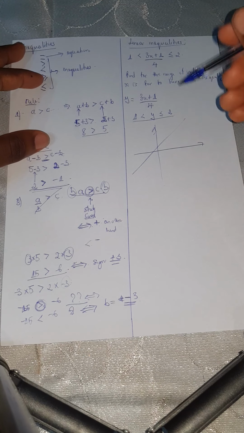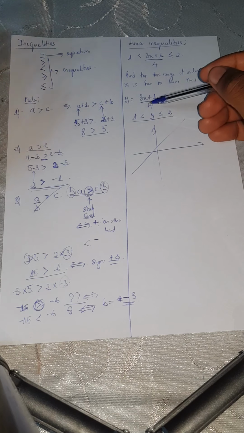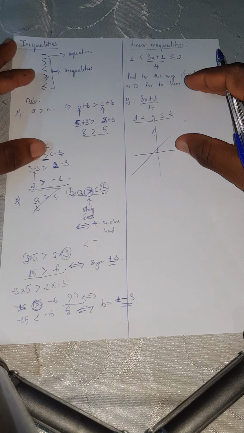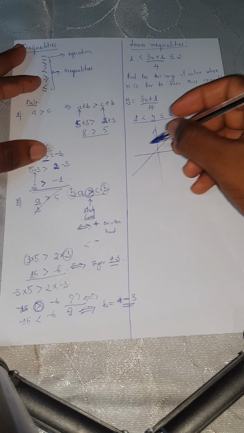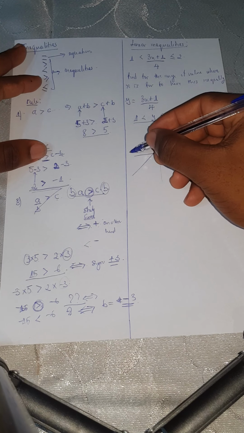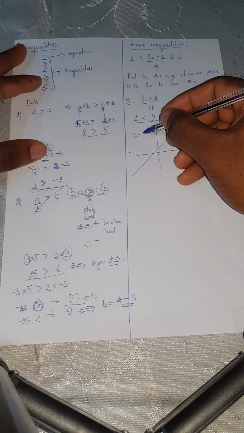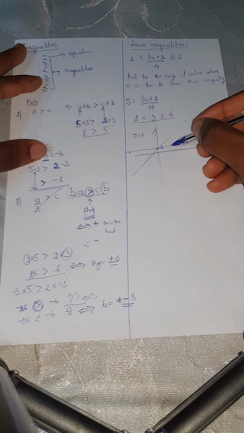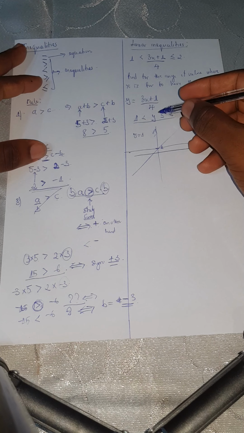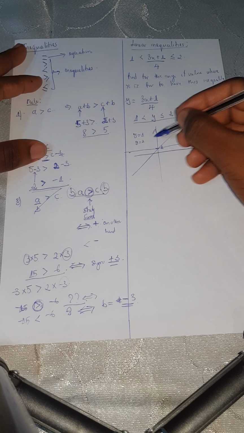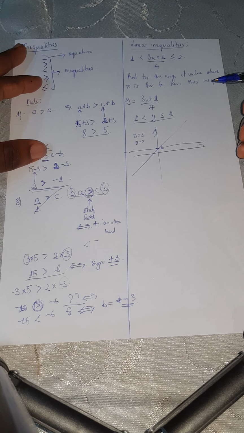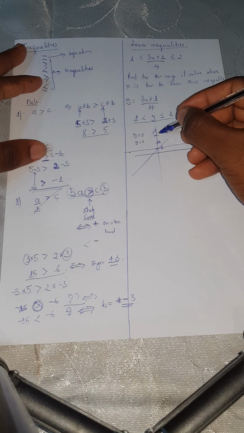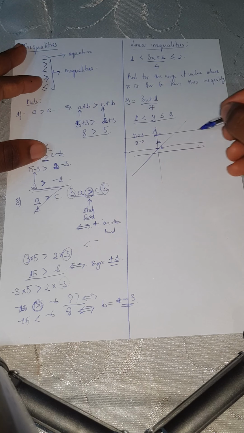Now, in this graph, the line y equals 1 is shown as a horizontal line at 1, and the line y equals 2 is shown on this graph as a horizontal line at 2.